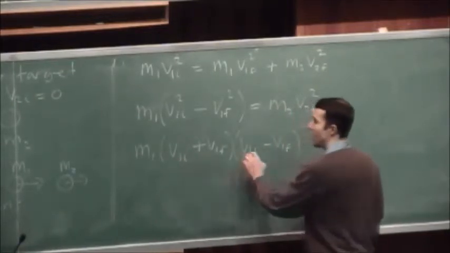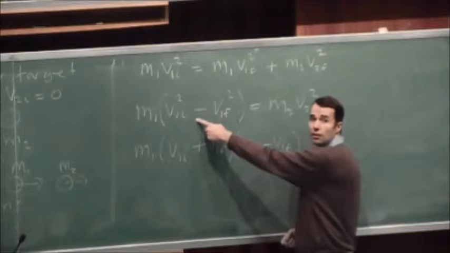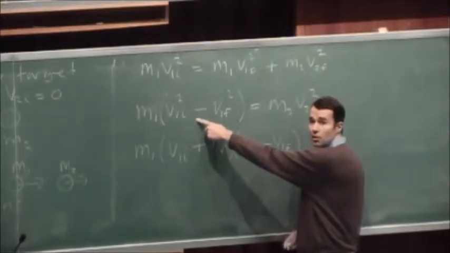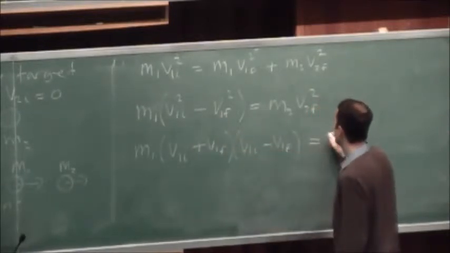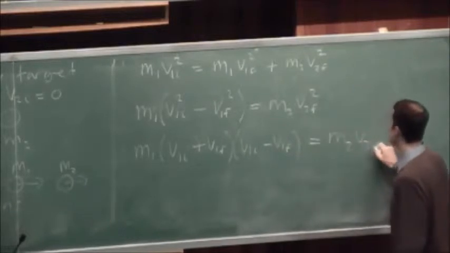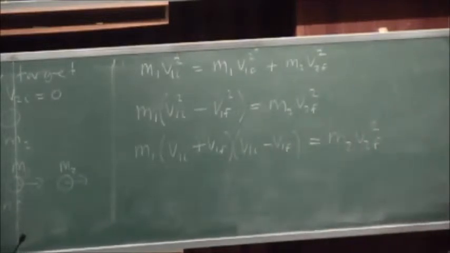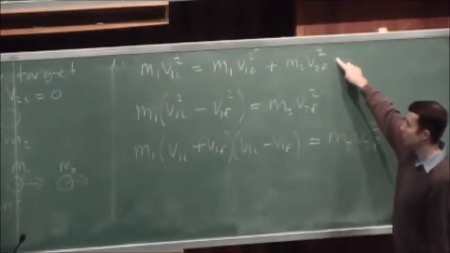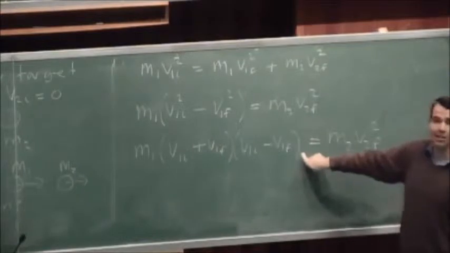If you do all these out, you'll see that this gives us this, just using some basic algebra. And this equals M2 V2 final squared. So that's this equation, and we're rewriting it like this.